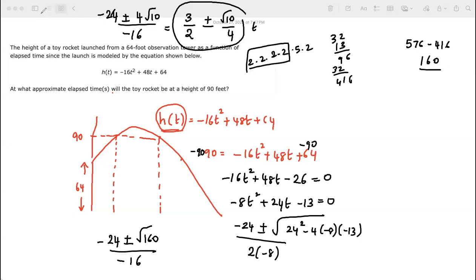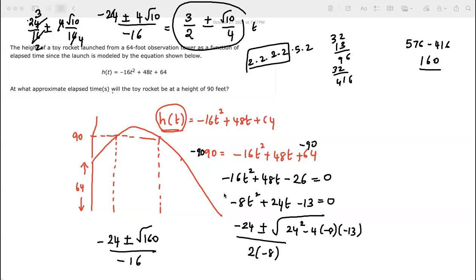Yeah, what I did was I put it as 24 by 16 plus or minus 4 root 10 by 16. I simplified this using 8. I simplified this using 4. Okay. Does it make sense, Dhwani? But wait, what was the answer? Let's see. Didn't check the answer.